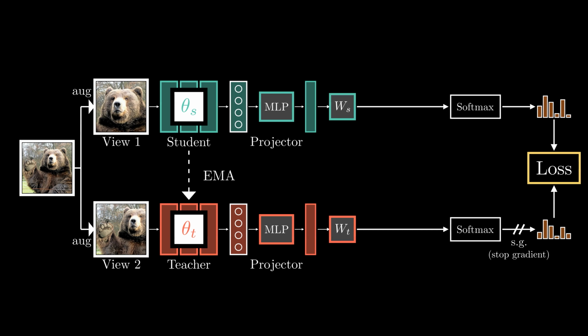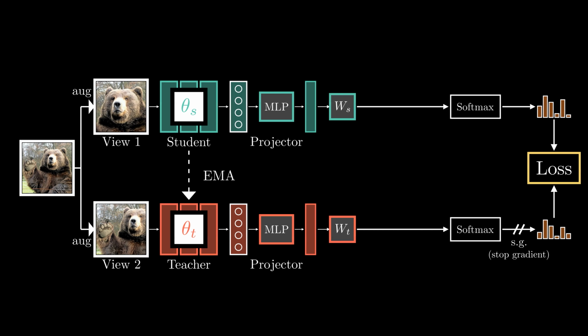The student is then trained to match this output distribution. We can interpret this distribution as a soft assignment over learned prototypes, without requiring categorical labels in advance. The model effectively invents its own soft categories, then trains another view to agree with them.